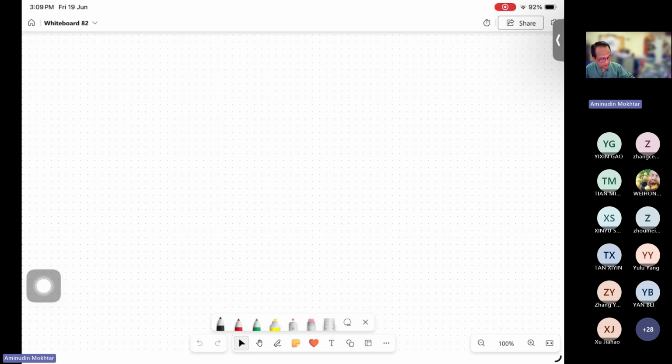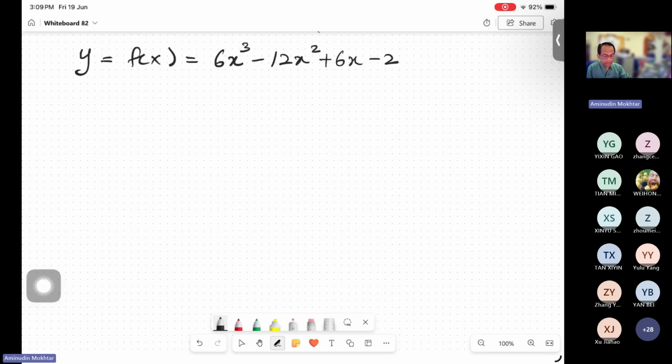Let's say we have this function y or f(x) equal to 6x to the power of 3 minus 12x squared minus 6x minus 2.